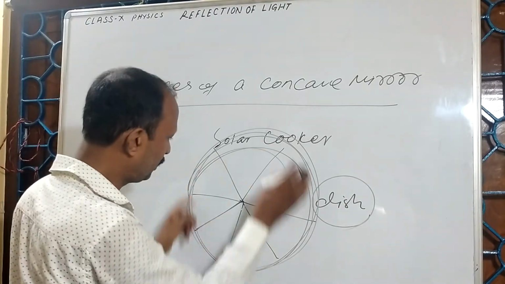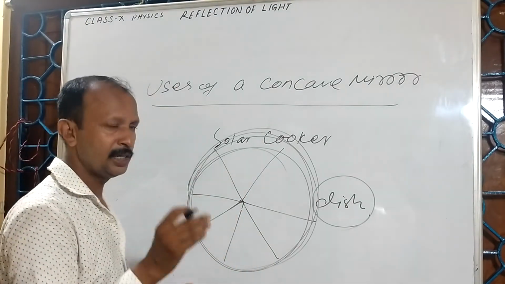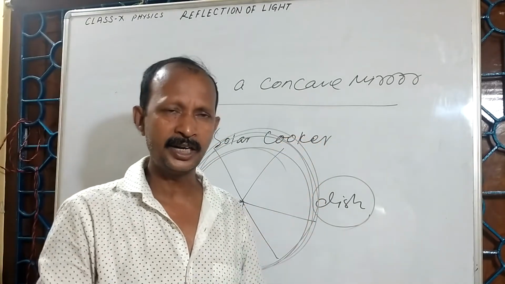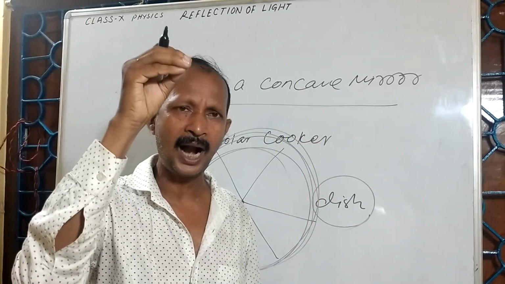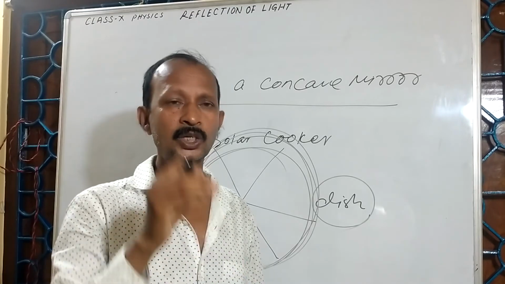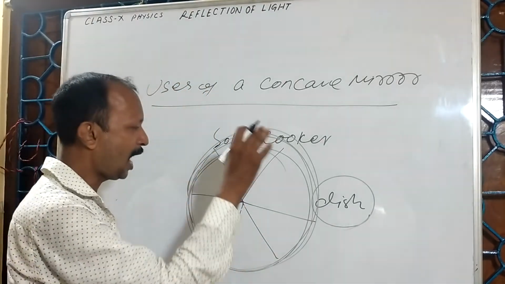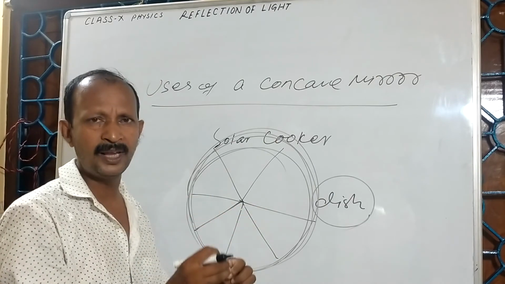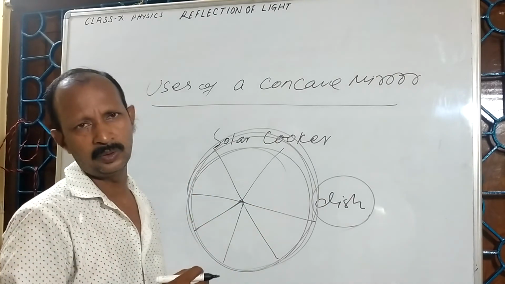Then, if it is a concave mirror, there will be a focus. You might have seen in an old antenna, one receiver is there. That receiver is exactly fitted at the focus. So at that focus, we can arrange some pot, or we can place our pressure cooker.